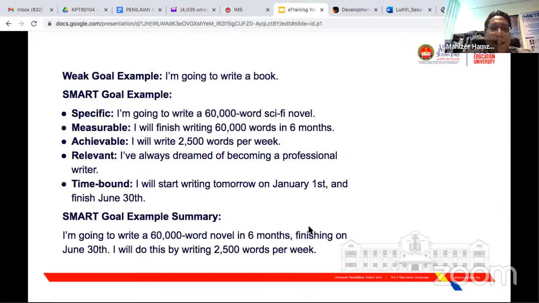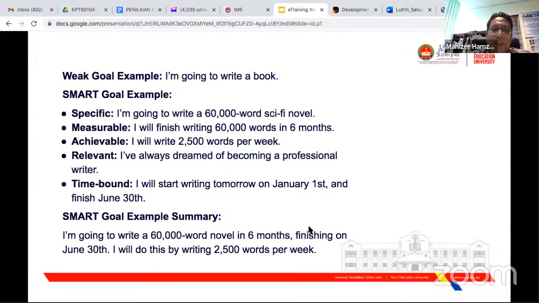Then measurable: I will finish writing 60,000 words in 6 months. That's the measurement. Achievable: I will write 2,500 words per week. That means you calculate it. In 1 week you write 2,500 words, and by 6 months you have already finished it.